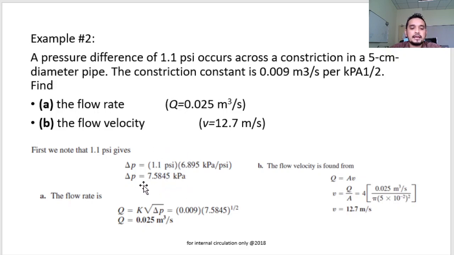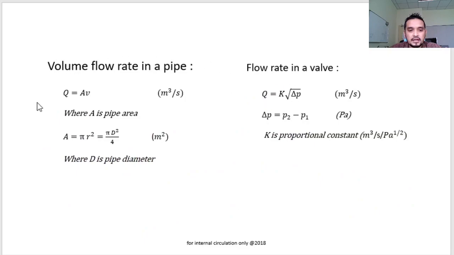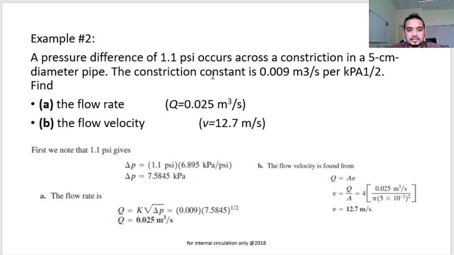In this case, we will get 7.5845 kilopascal. So this is the value of the pressure difference. By looking at this formula, we already know the value of delta P here, and we know the value of K, the constriction constant, which is 0.09.